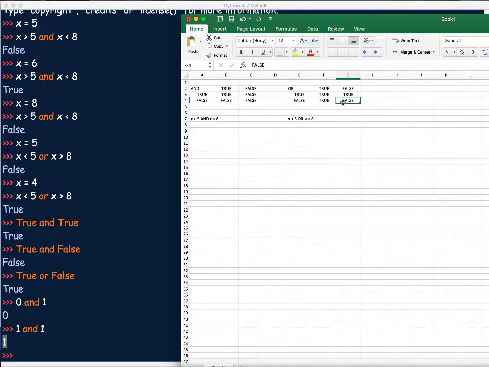The kick comes in where you have that combination of trues and falses. Just remember with an and, the only way an and will ever be true is if they're both true. So true and true is the only way to get a true. For an or, the only way to get a false is if they're both false.